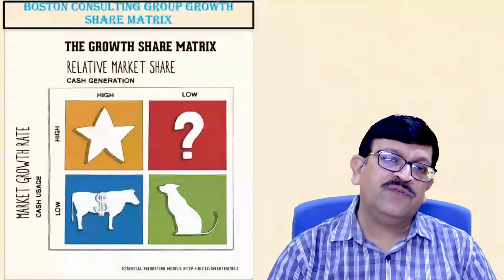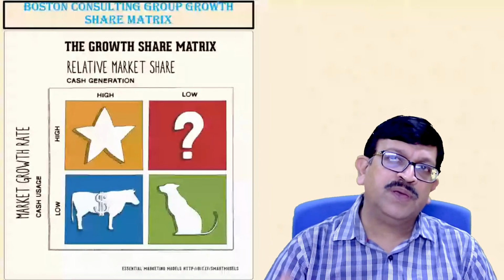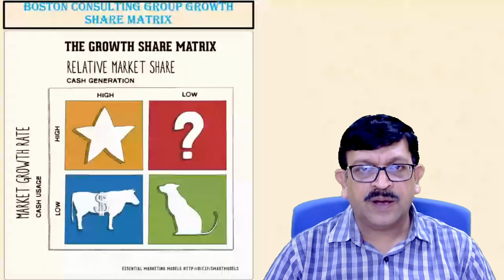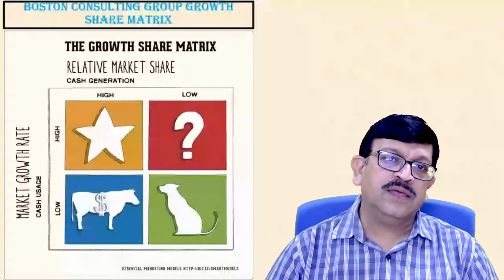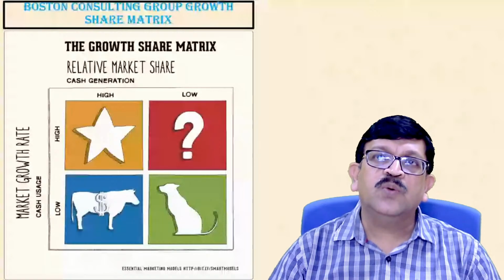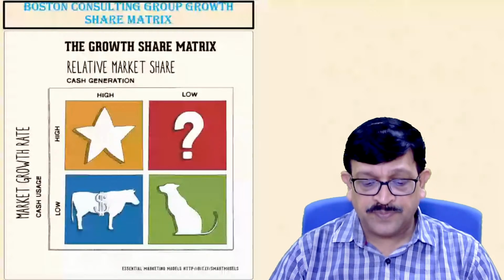So if the funds are allocated to the question mark, it can help them pick up in the marketplace. It works as a kind of benefit to look at the resurgence or making your question marks do better in the marketplace, because the growth rate is high, so they have a potential to grow.